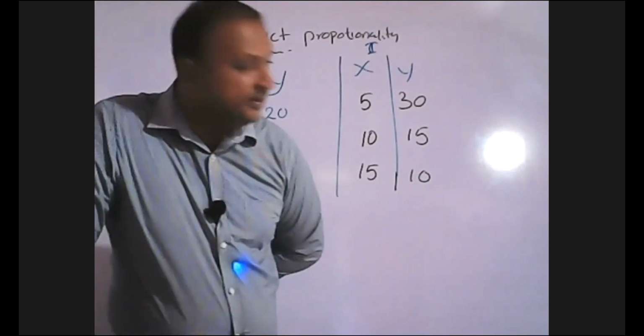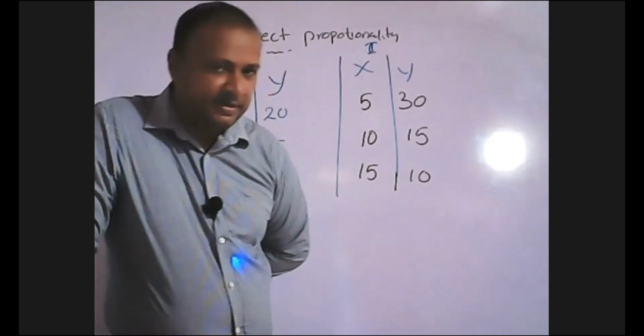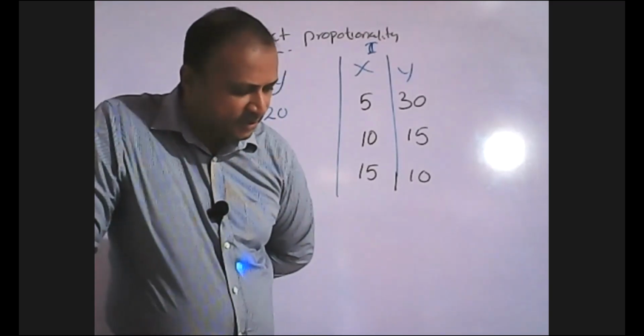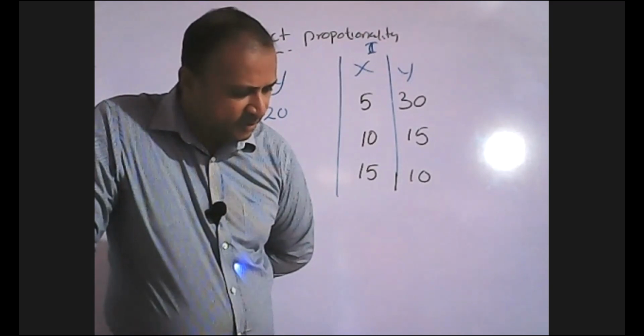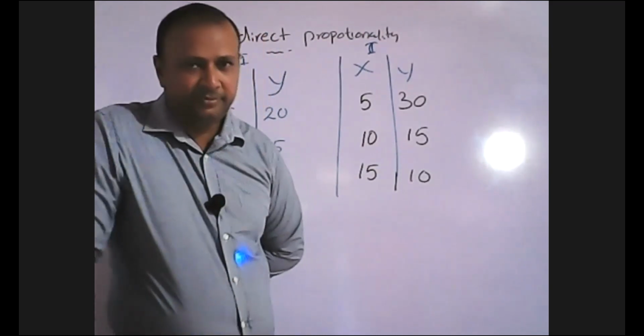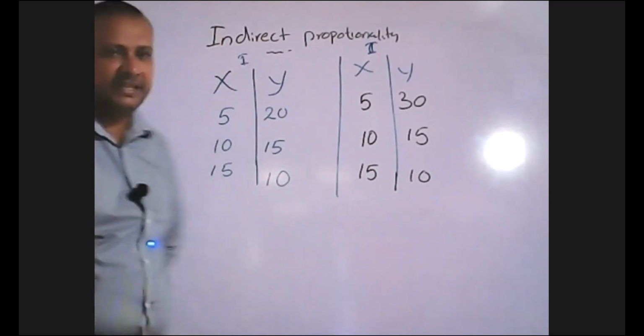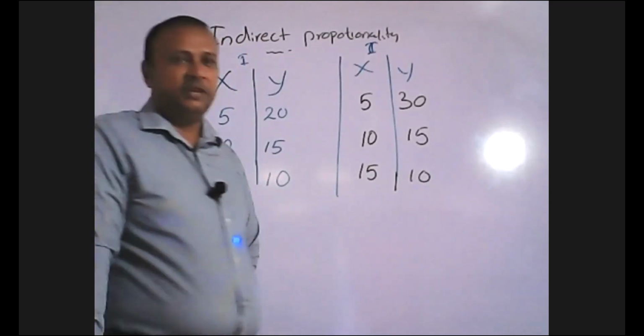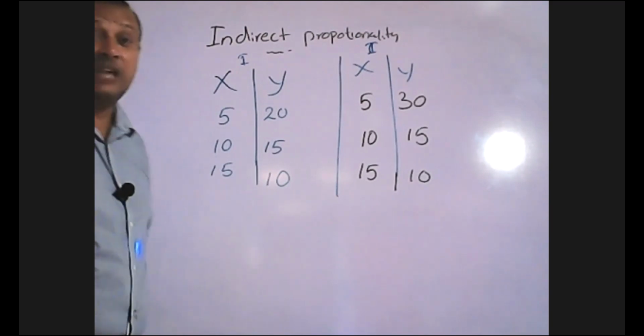Yes. Why? Because when 5 is increasing from 5 to 10, 30 is decreasing from 30 to... Okay. Others? What do the others say? Case 1 or 2?